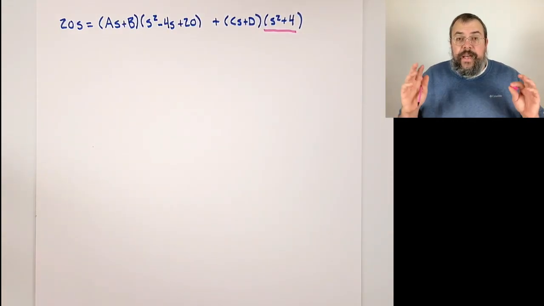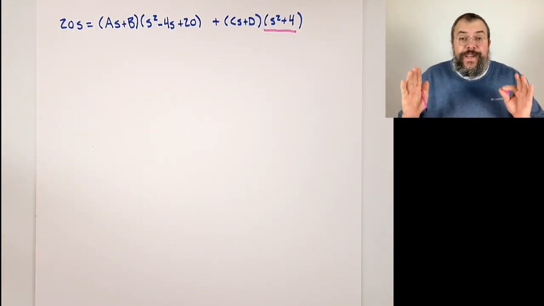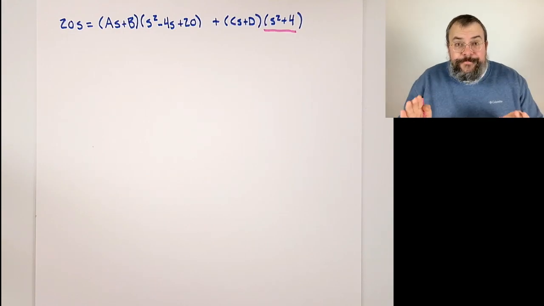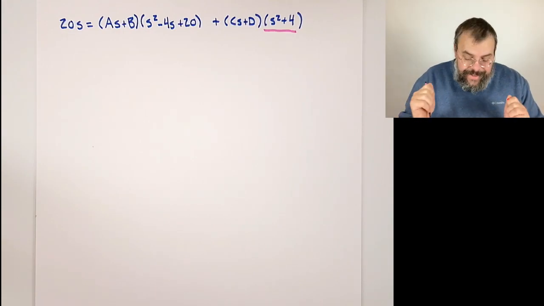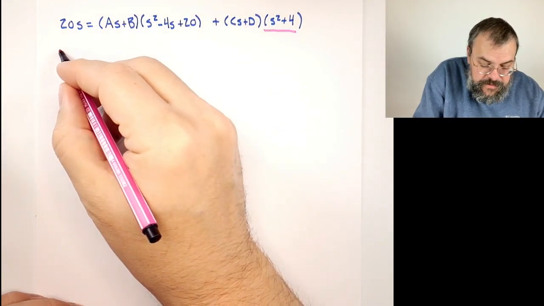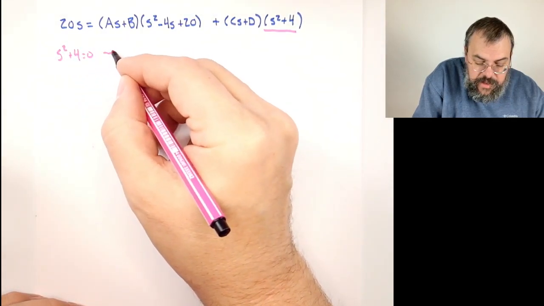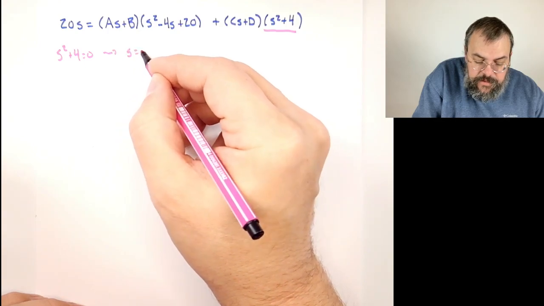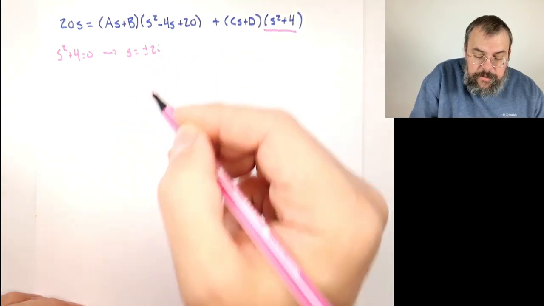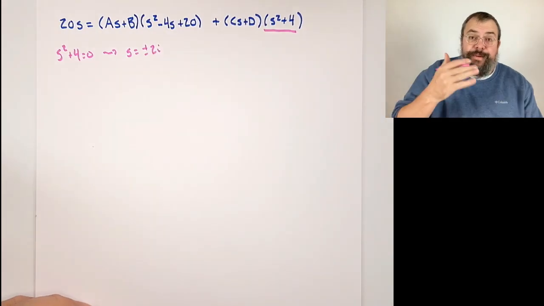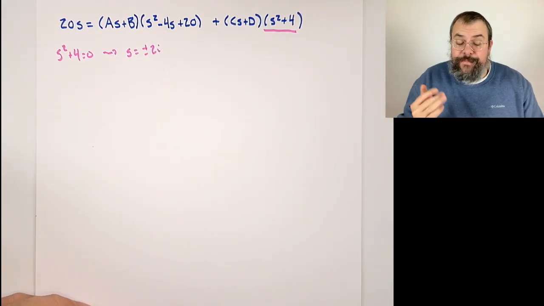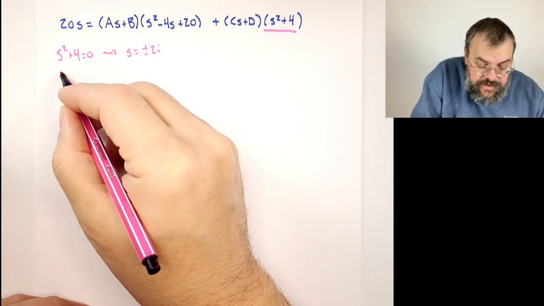So what would make s squared plus 4 equal to 0? All right, so if I want the s squared plus 4 to be equal to 0, well, that says you can choose either s equals plus or minus 2i. So now let's plug in 2i and let's see what happens. So we're going to plug in 2i.